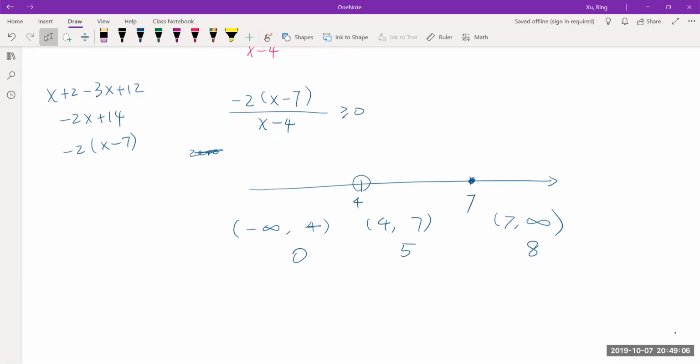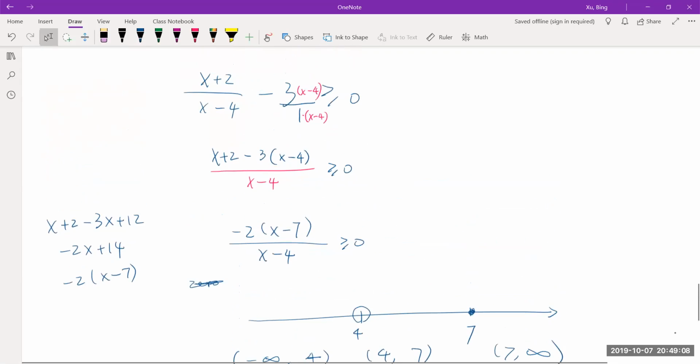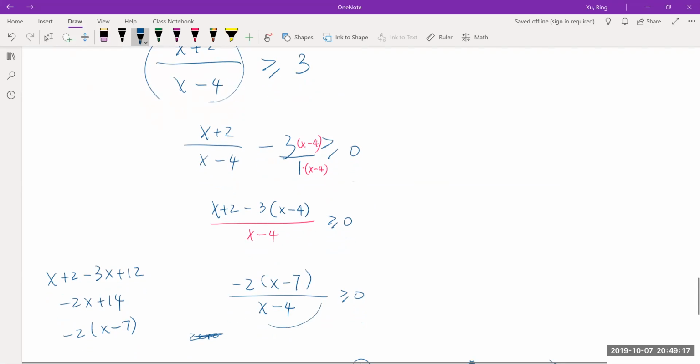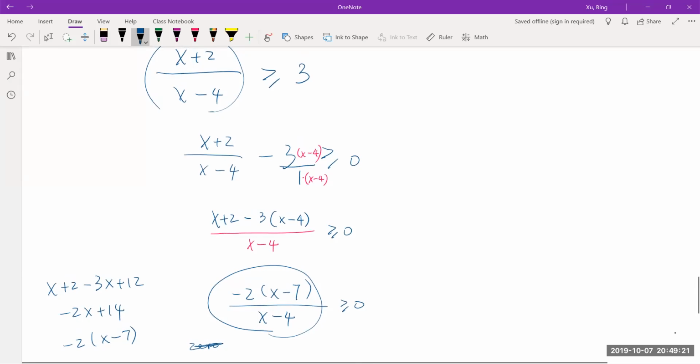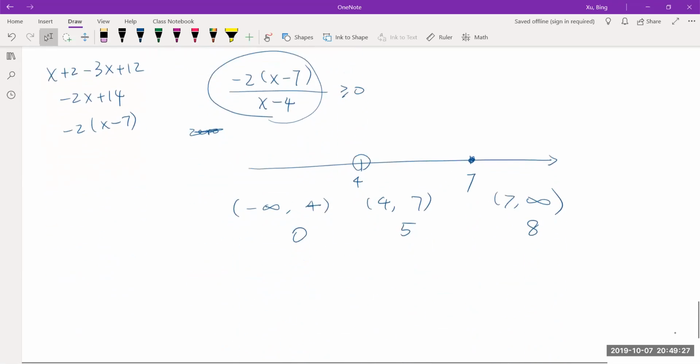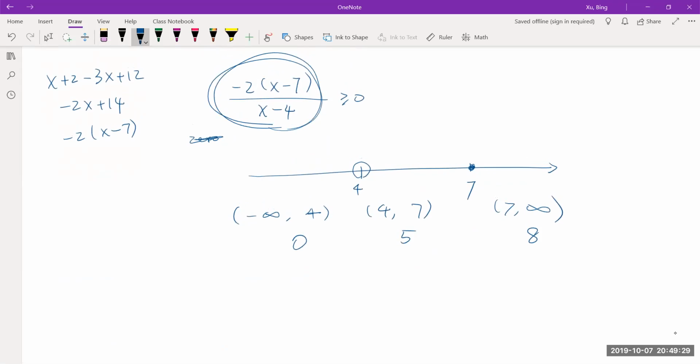Now, what do I test? Do I test if this is positive? No. We want to test if this is positive or negative. So make sure you write negative 2 times x minus 7 over x minus 4. We want to find out if this is positive or negative.